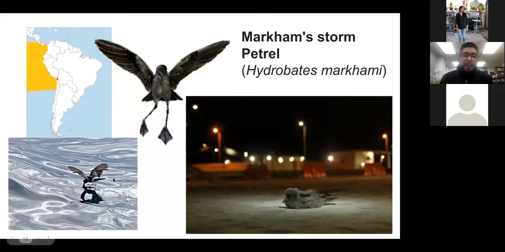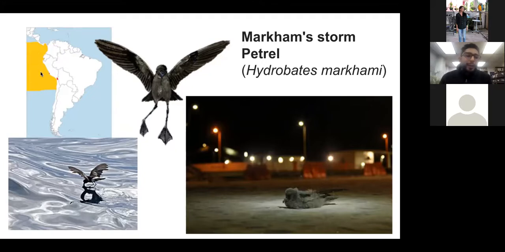It is very interesting because it has a behavior in which it taps the surface of the water with its legs, and that way it can cause the zooplankton to rise from the water, and that's how it feeds itself.